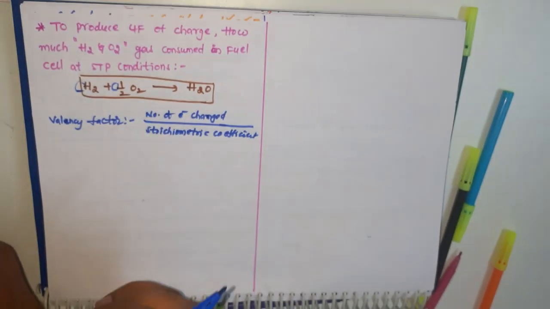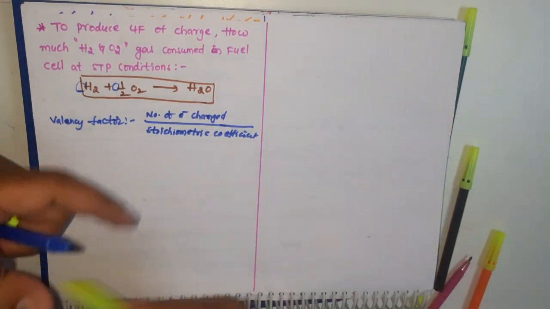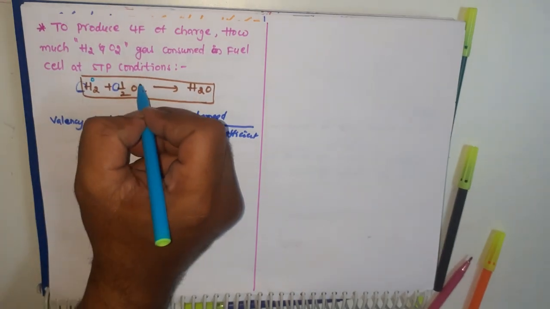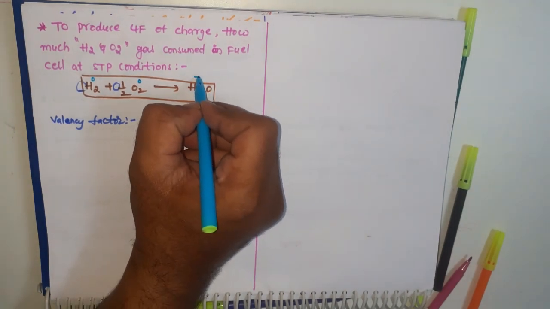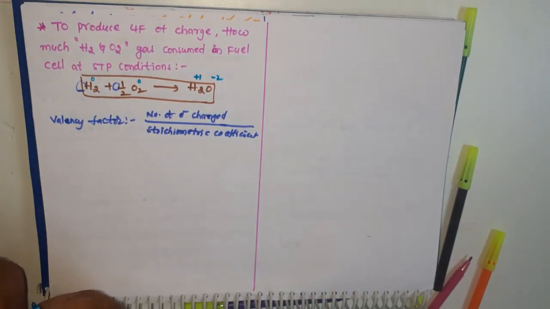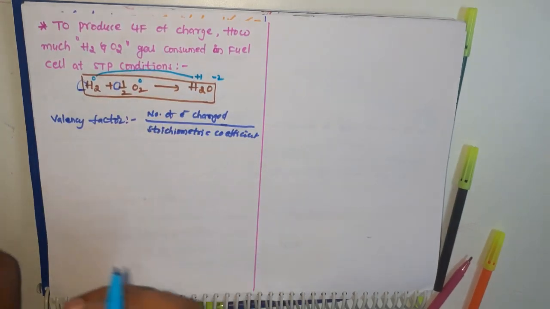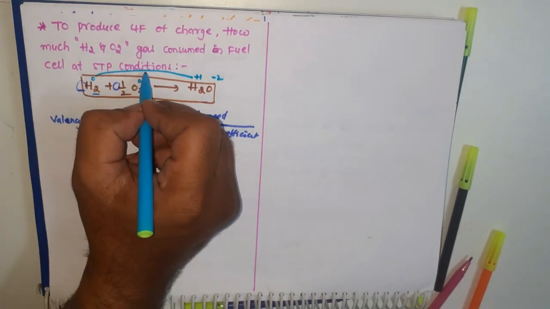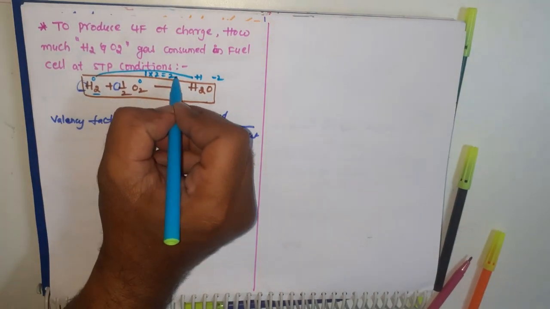What is the number of electrons changed during the reaction? Here H2O has charge 0 because it is in molecular form, and H2 and O2 also have 0. But here hydrogen gains a +1 oxidation state, and oxygen gains a -2 oxidation state. H2 converts into +1, so the change is +1 per atom, but there are 2 hydrogen atoms, so the total change is 1 into 2, that is 2.